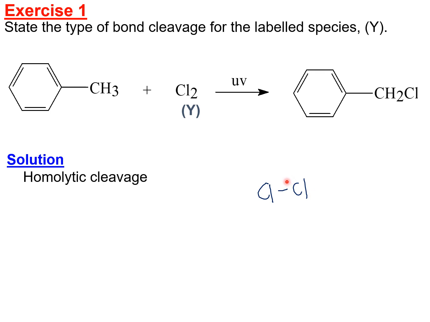Okay, di mana kita akan buat bond breaking tu equally. So bila kita buat bond breaking equally, kita akan guna half-headed arrow daripada bond kepada Cl atom. Okay, tapi soalan ni dia suruh kamu nyatakan sahaja, so kita nyatakan sahajalah homolytic cleavage, tak perlulah lukis how the process goes. Alright.